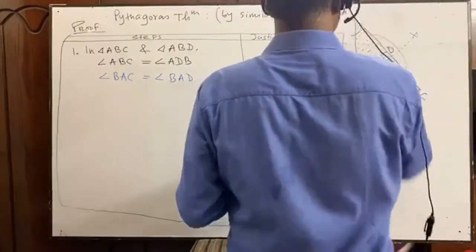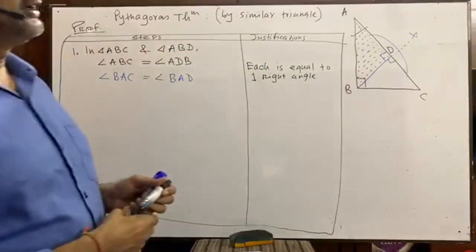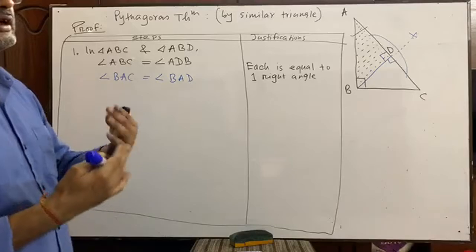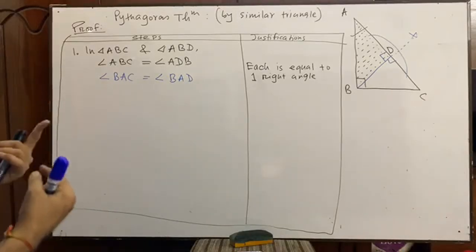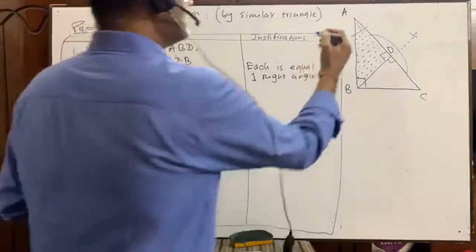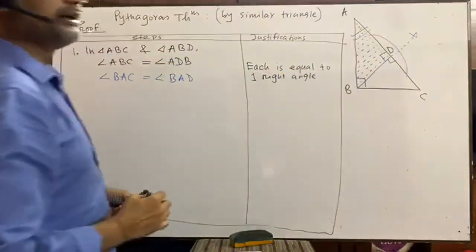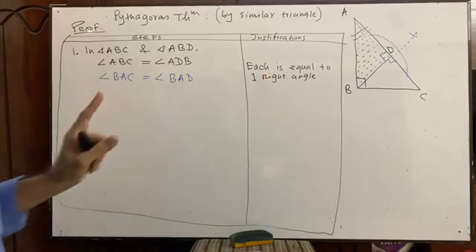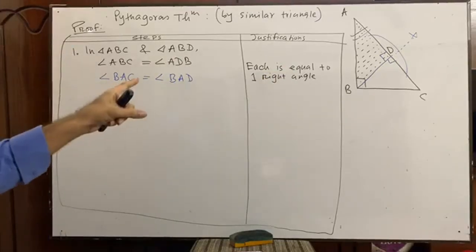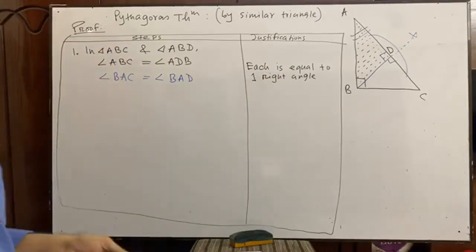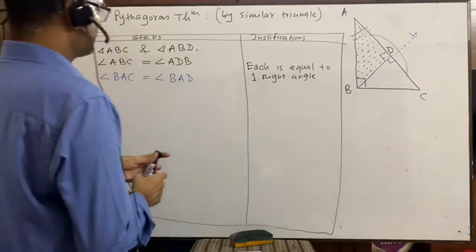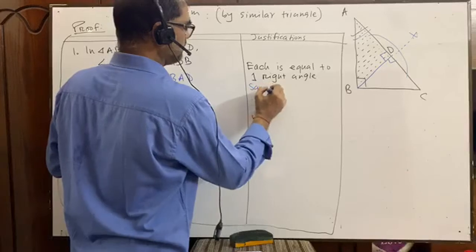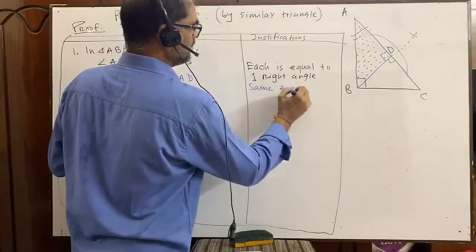For triangle ABC I have taken angle BAC, but for triangle ABD it is also the same angle BAD. BAD and BAC are the same angle. So we can write here as a side note: same angle.